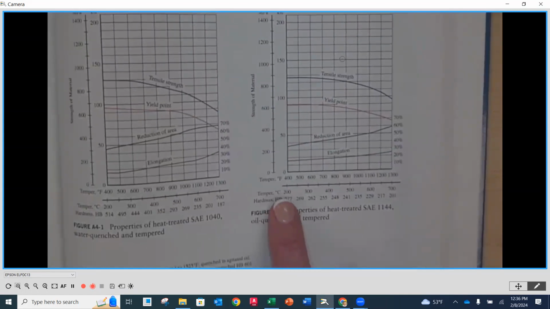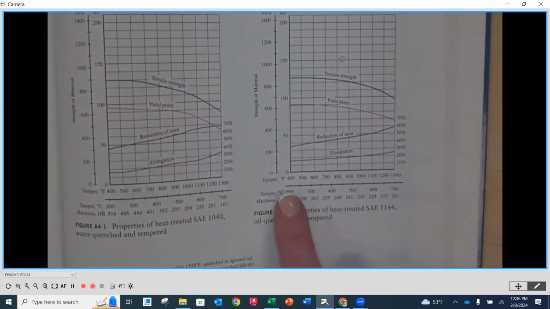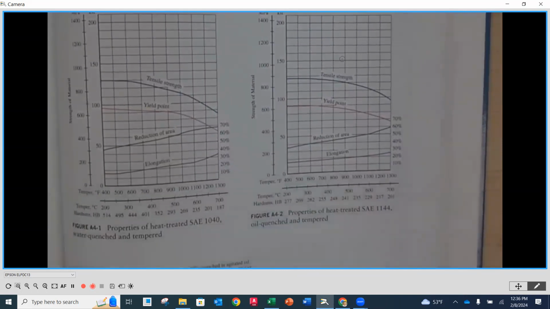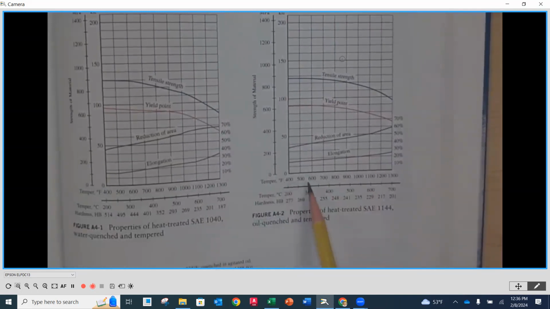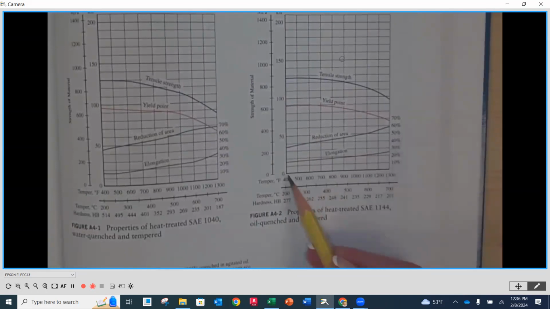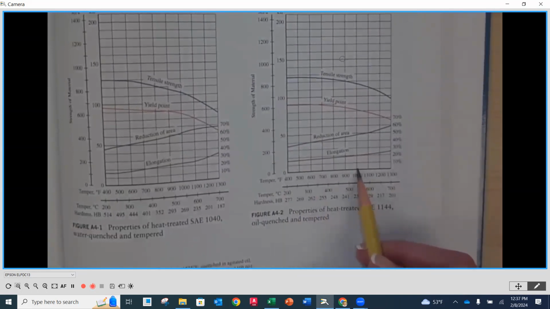The temperature is 1000 degrees Fahrenheit. On the top scale, I'll point with my pencil, here's my 1000, and that's going to be 500, 600, 700. So this line right here is the 1000.